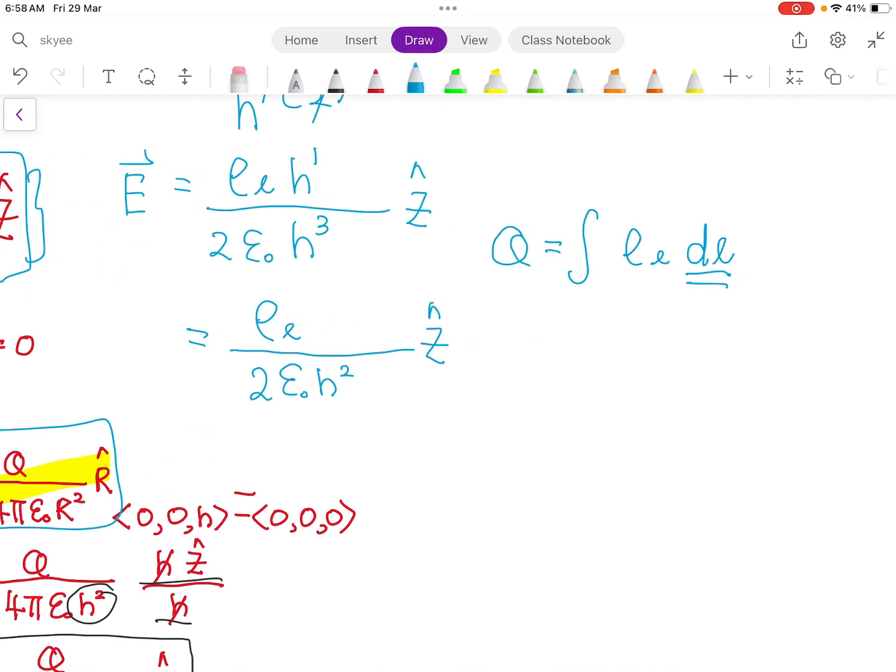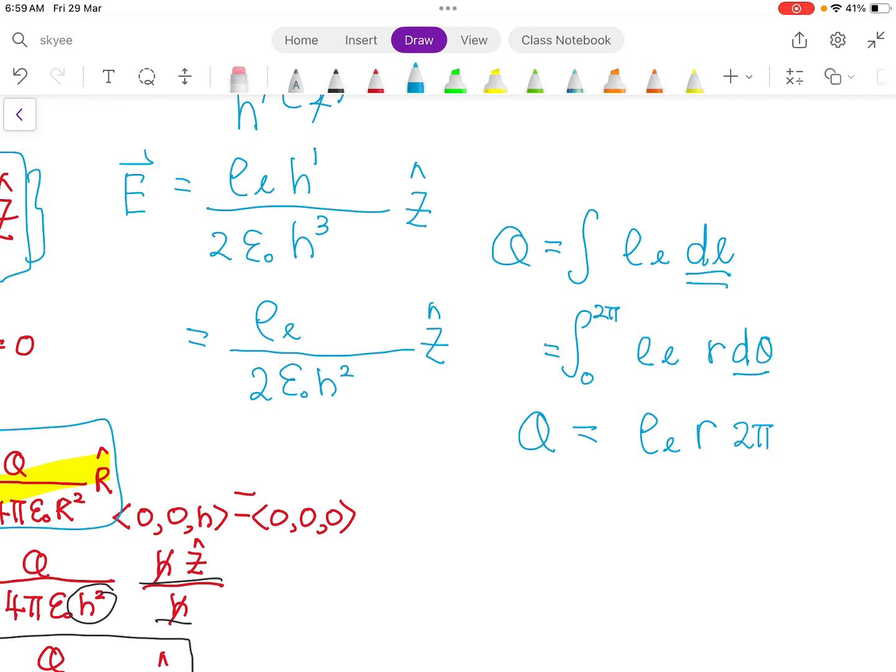For dl in the cylindrical coordinate, you can refer to the table: it would be r d theta, and theta goes to 2 pi. So Q is equal to rho L r 2 pi.